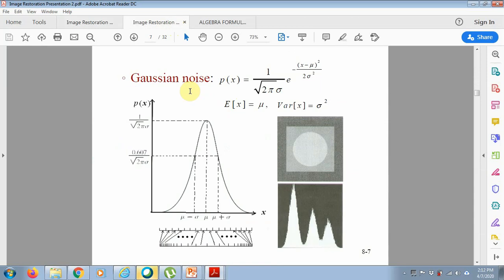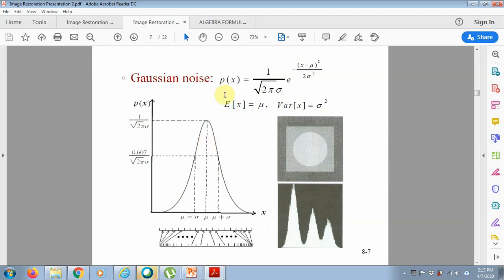Similarly, the graph of a Gaussian noise will look like this. It represents some sines and cosines within it, and normally we represent sine and cosine functions by a complex exponential.